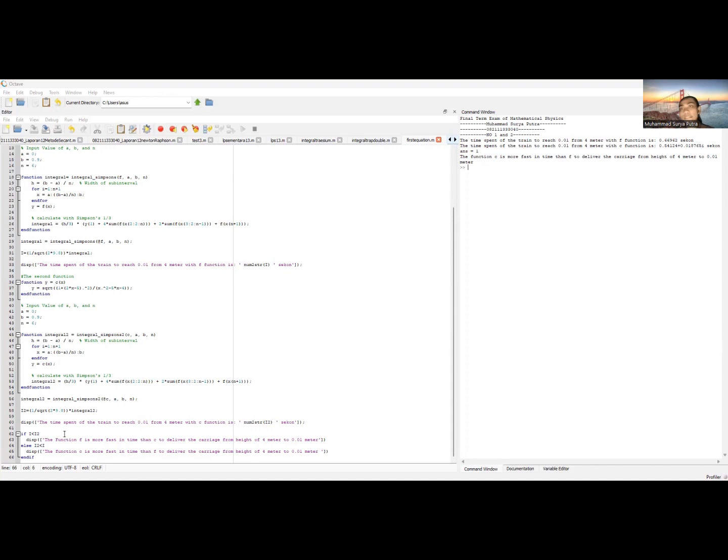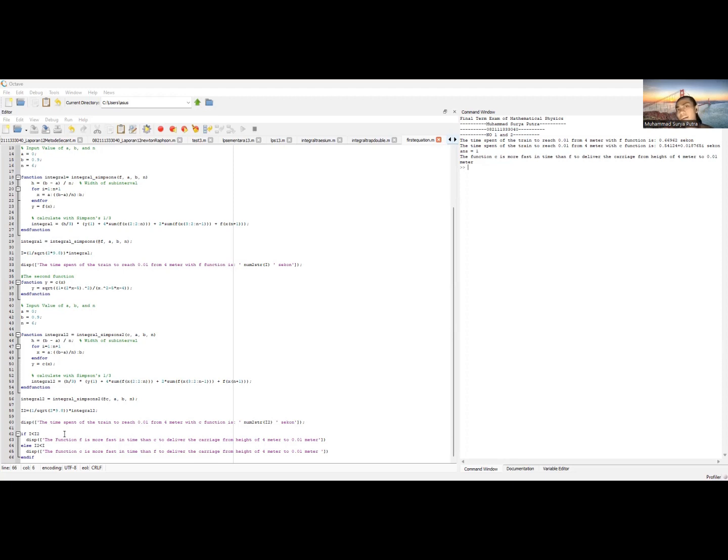So my conclusion is the fastest function in this scenario is the c function, which I made as x squared minus 5x plus 4. And then the slower one, I don't mean it's the slowest, but it is slower than the c function. This is the f function, which is f equals 4 exponential of minus 6x.